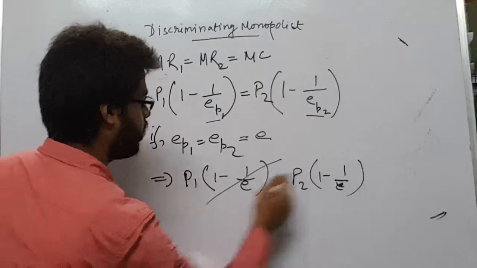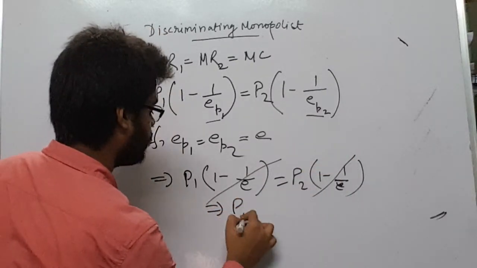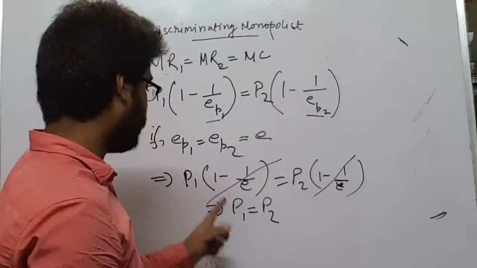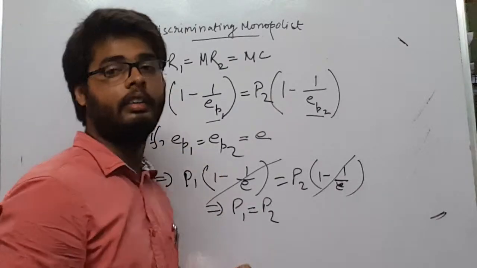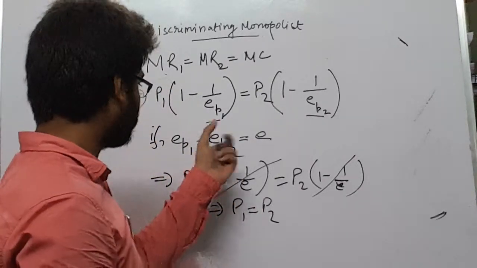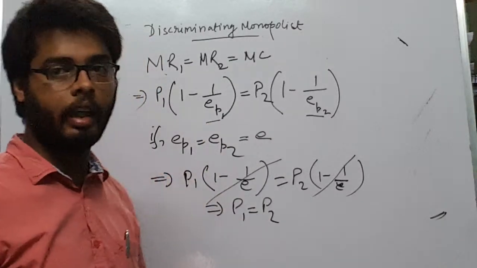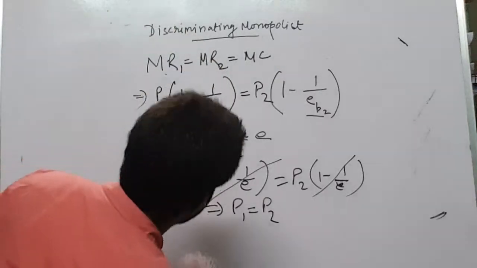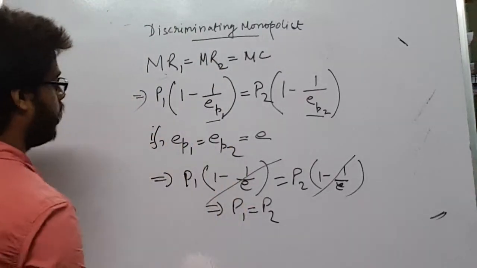This portion will cancel out, so prices will be the same. Prices will be the same in both the markets only if the elasticity of price is the same in both the markets. If the elasticity of price differs in either market, then the price is not going to be the same in both the markets. So this was our first case.